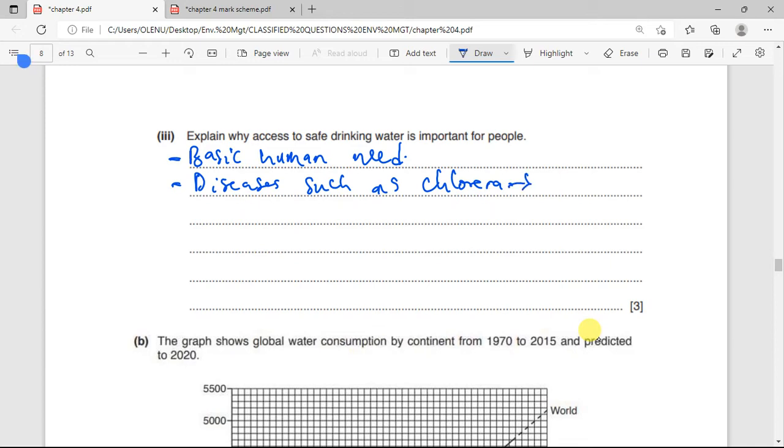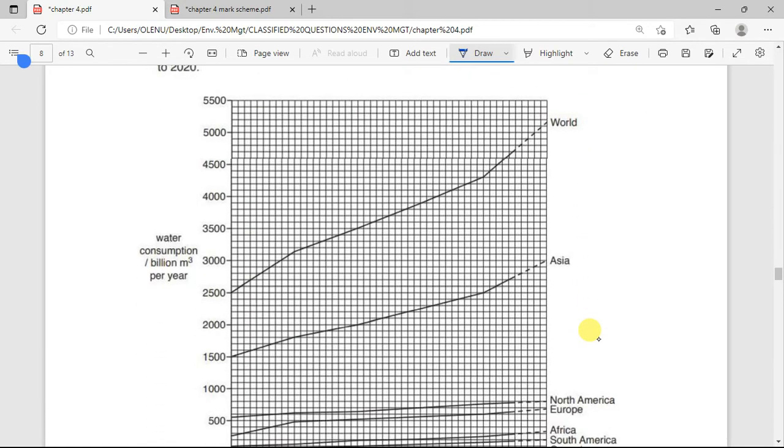If it causes cholera, what will happen? The impact of having cholera is that people will die. And if people die, the impact is they won't be able to walk. So just walk around that, and you get your full mark.